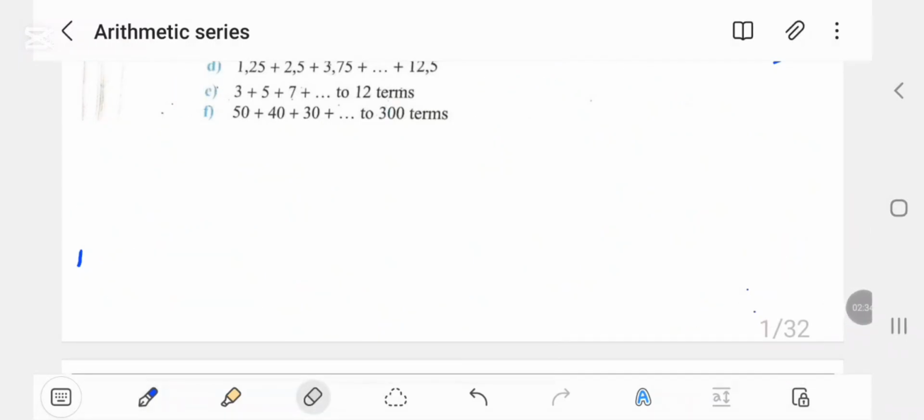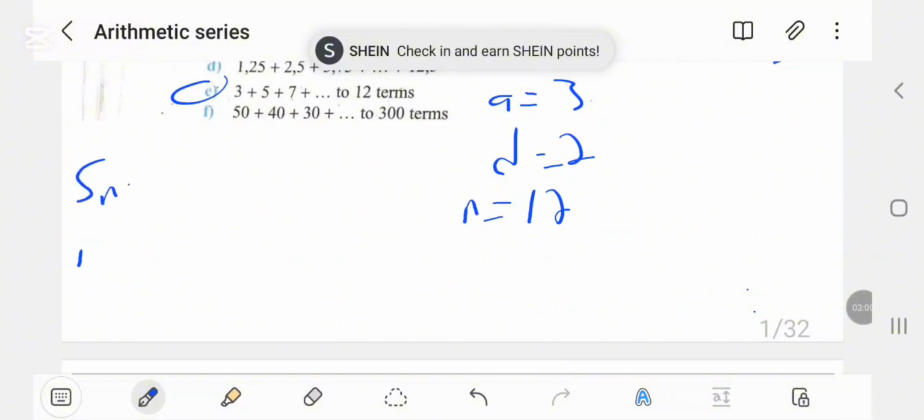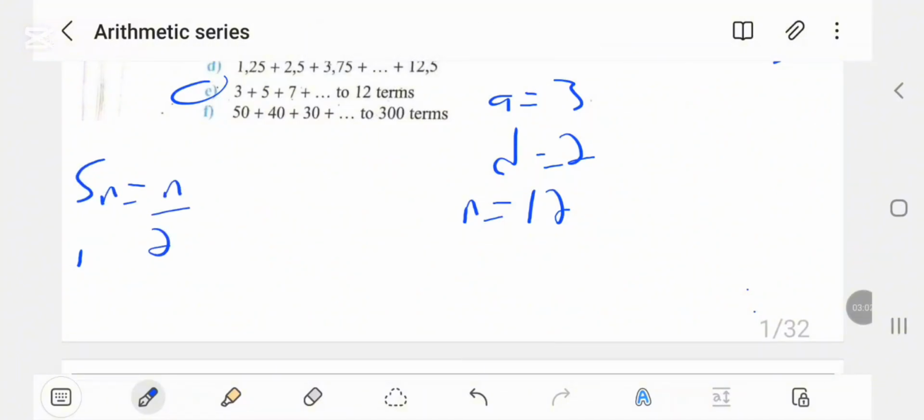Then let's do number E. Number E, first term we have 3. The difference, so T2 minus T1, which is 5 minus 3, or T3 minus T2, which is 7 minus 5. The common difference is 2. The number of terms given is 12. We don't have the last term, so we use the longer formula, this one.